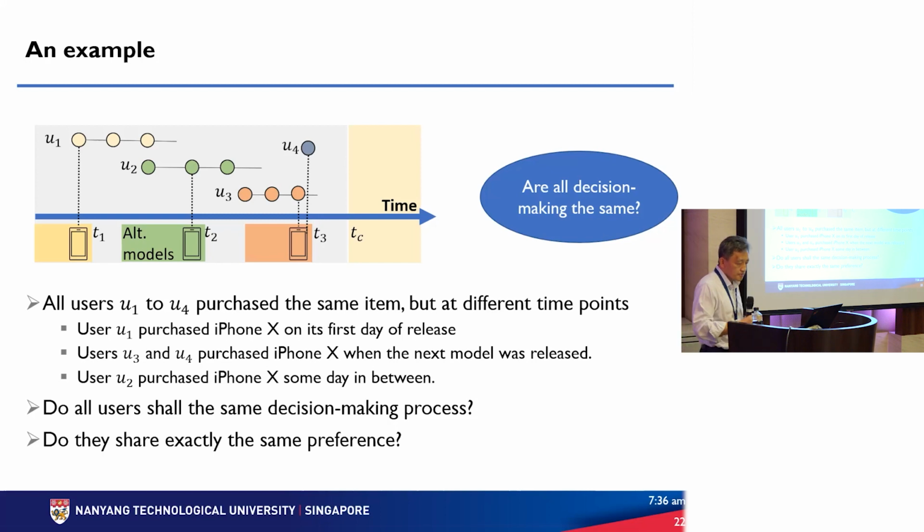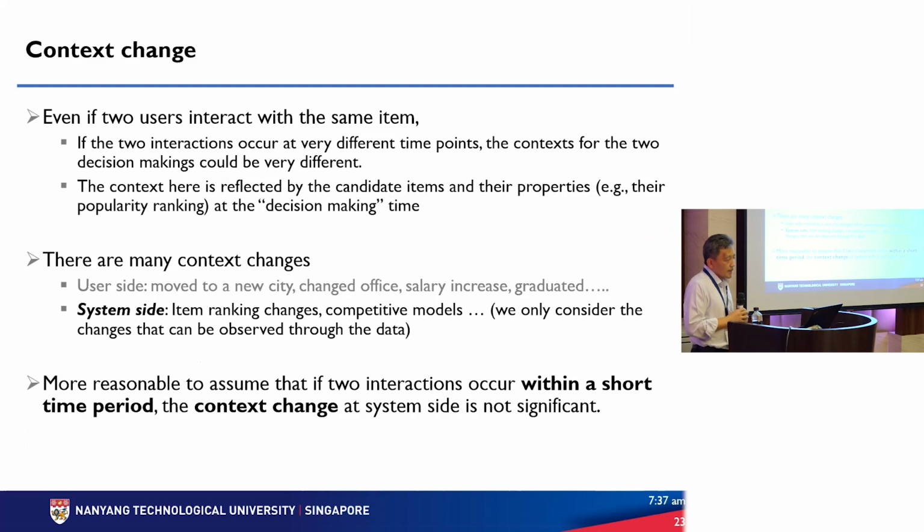So your decision context will be very different at different times. My argument is that even if 2 users interact with the same item, it doesn't mean that they share the same process, because you're not modeling the decision process. It's just like a buffet lunch. Just now you went to the restaurant and you only had these few choices. You have to pick something. So at the end of the day, you see this guy pick up a noodle.